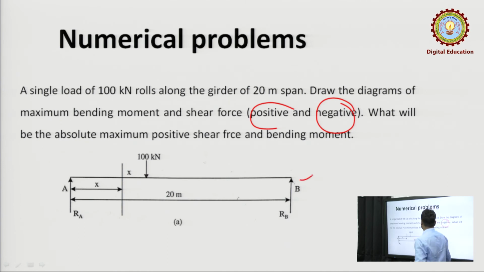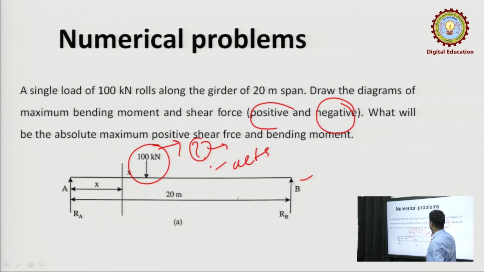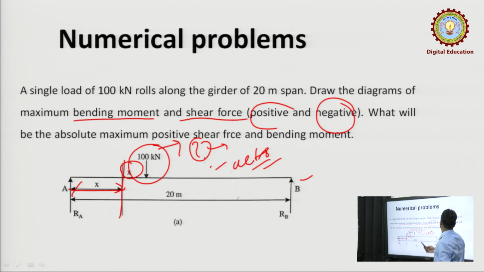Here we have a beam AB having a rolling load of 100 kilonewton. We don't know where it acts, but we know the section here at a distance x where we can find the maximum bending moment and shear force, and the absolute maximum positive shear force and bending moment.